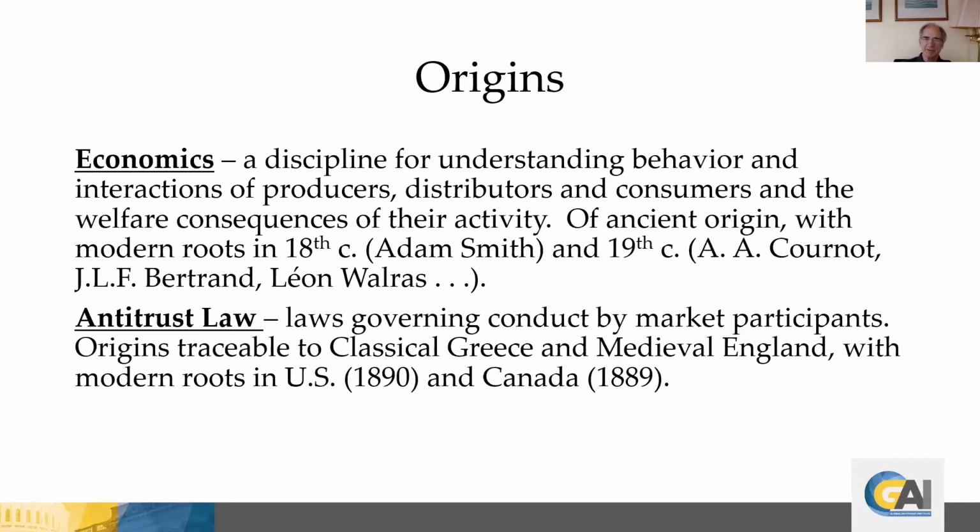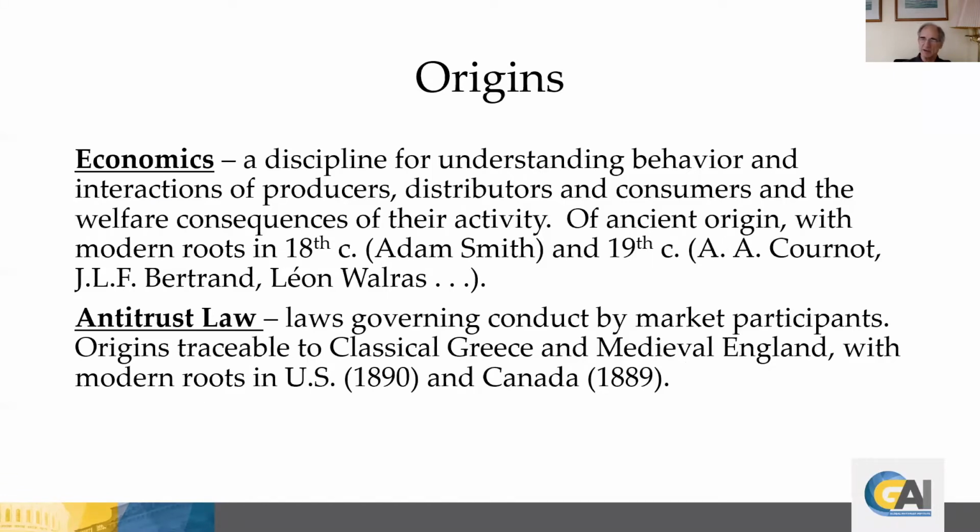Economics and antitrust are, of course, both very old disciplines. As a matter of fact, they both have ancient roots. The modern origin of economics is usually traced to Adam Smith and a group of 19th century French economists named Cournot and Bertrand and Walras, whose names are still fairly important in discussions of antitrust economics.